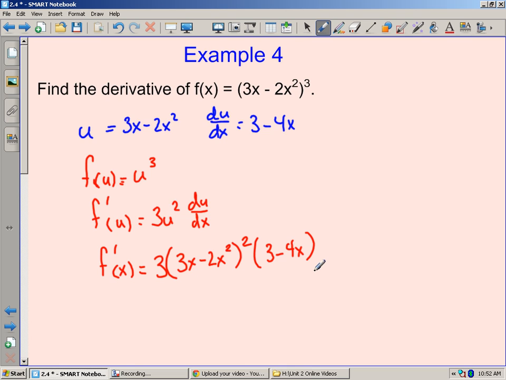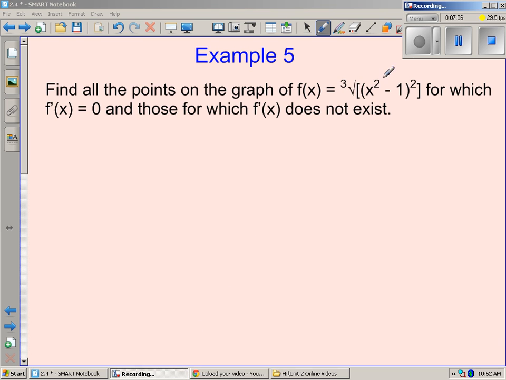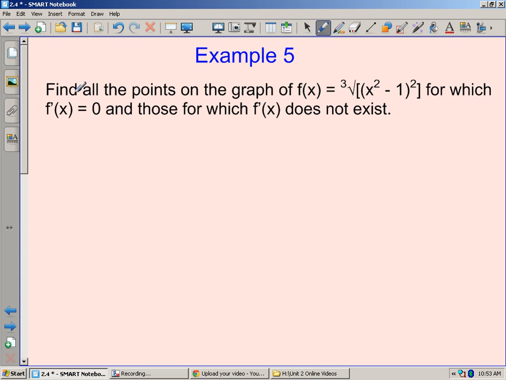And so then, moving on to the next example, it says find all the points on the graph of this function for which f prime of x equals 0, and those where f prime does not exist. So I'm going to take f of x, and find my inner function and outer function.